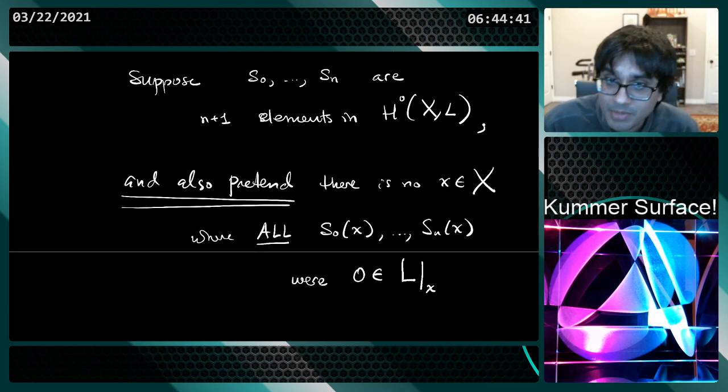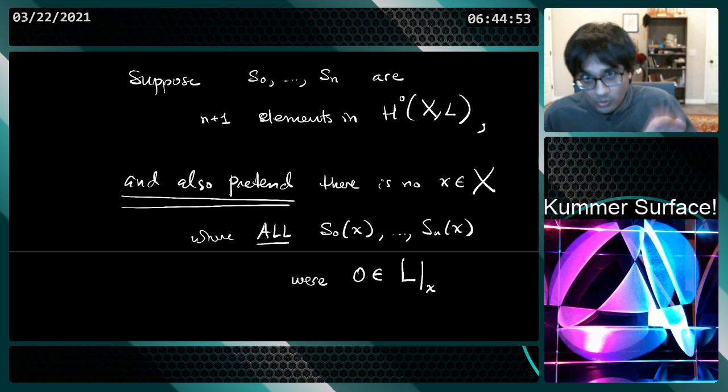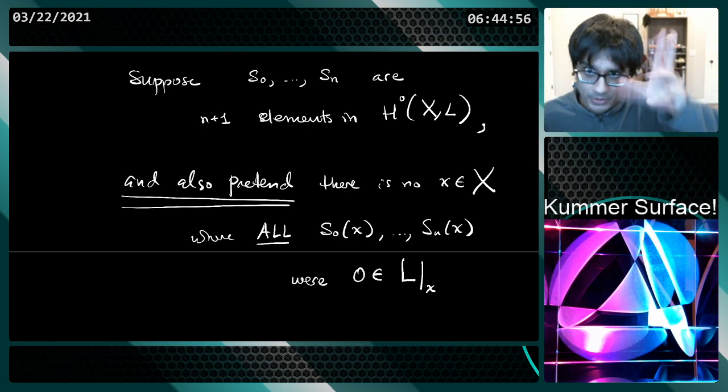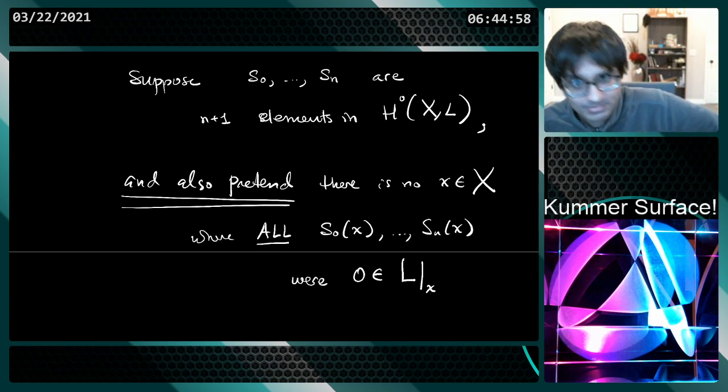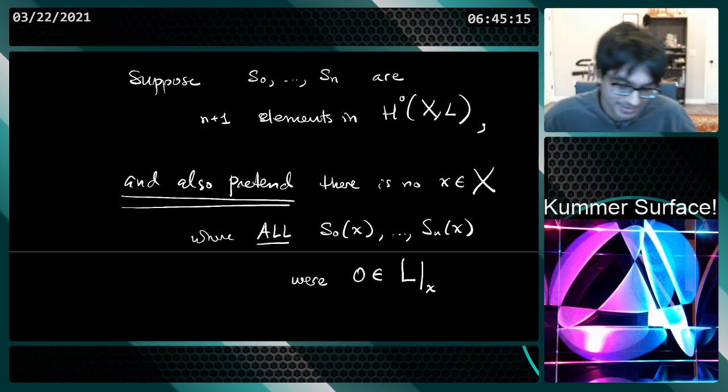I denote the line bundle's fiber over the point X with L sub X. All right, so it's the fiber of the line bundle over the point X. In that one-dimensional vector space, the sections output n plus 1 vectors. Let's pretend that there's no place on X where all of them agreed to be 0. Okay? Absolutely. So then this tuple of sections defines a map from X to projective space.